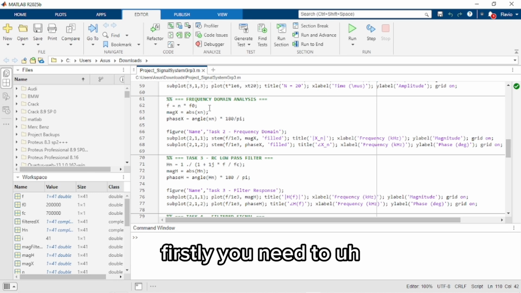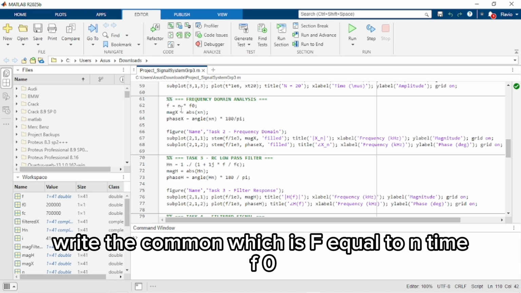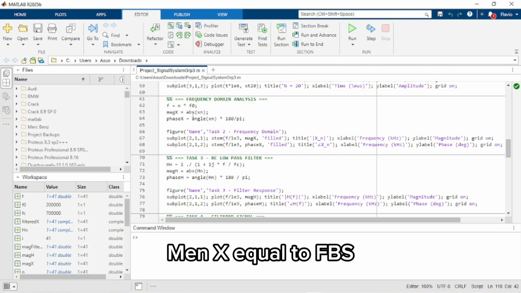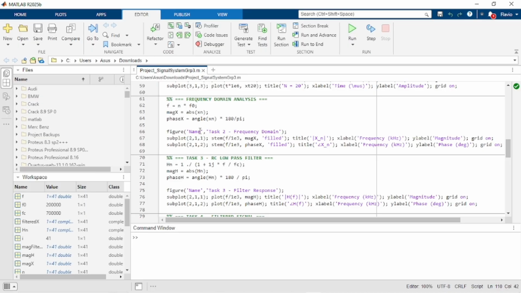Firstly, you need to write the command f equal to n times f0. Then write mag x equal to abs.